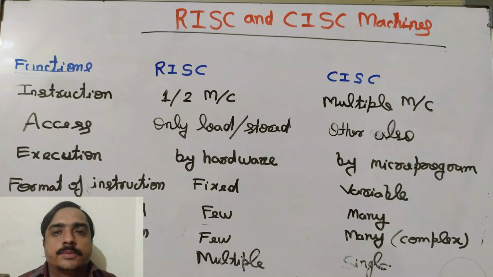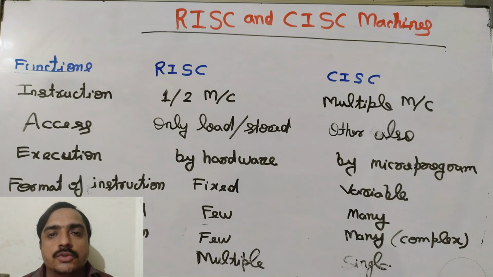Now we will discuss RISC and CISC. RISC means reduced instruction set computer, whereas CISC means complex instruction set computer. An example of RISC is PIC, peripheral interface controller by Microchip Technology, which is the name of a company, whereas the example of CISC is the famous 8051 microcontroller, which is part of your syllabus.